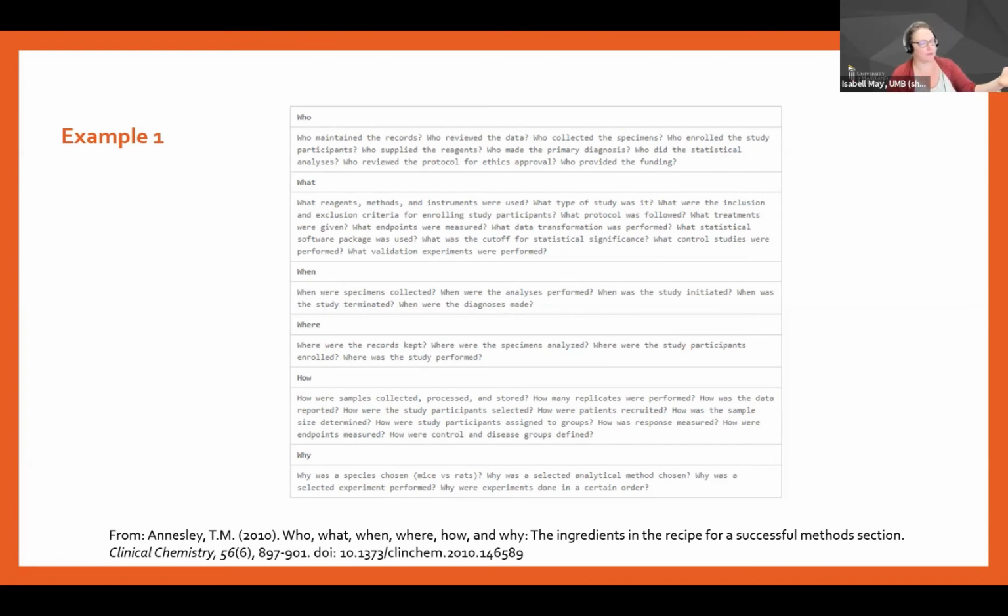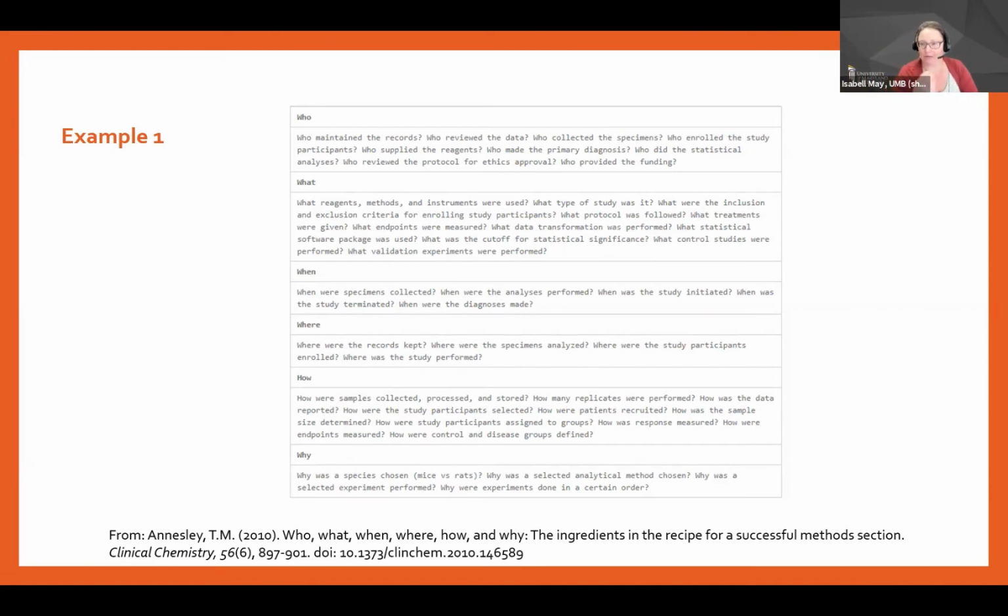In this case, bear with this example because it comes from clinical chemistry. Why was a species chosen, mice versus rats? I don't know if any of you will actually use animal studies, but why did you choose your certain participants? So the why question is about justifying why you chose this method. We chose this method because it's, whatever, common.